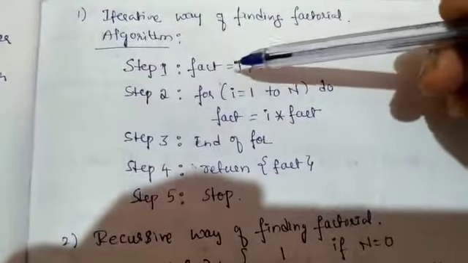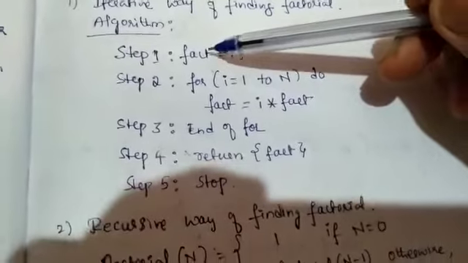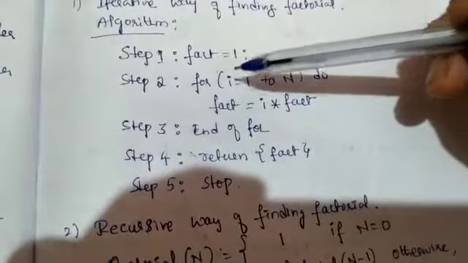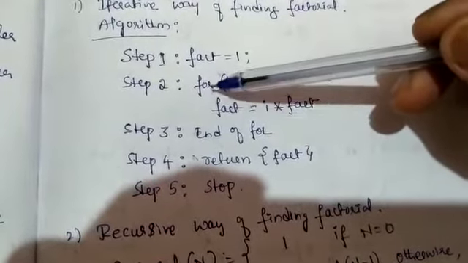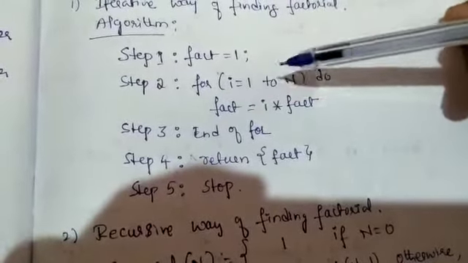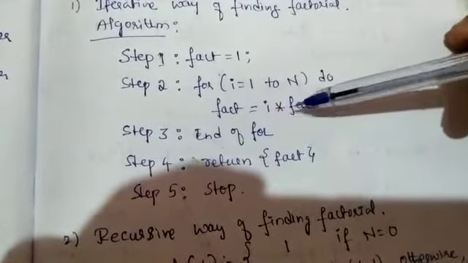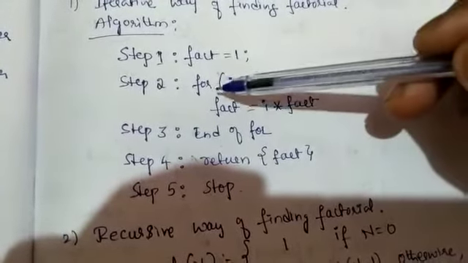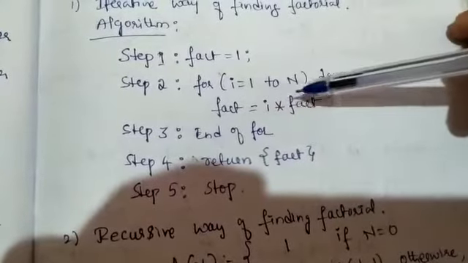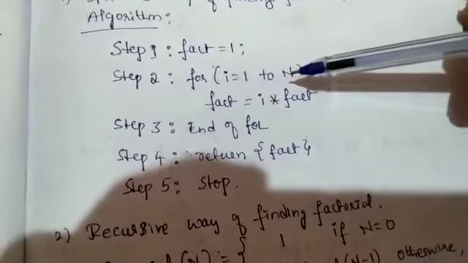Step 1, fact is equal to 1. I am assigning the value 1 to a variable fact. Step 2, an iterative loop: for i is equal to 1 to n, do fact is equal to i into fact. This will repeatedly perform until the nth value.